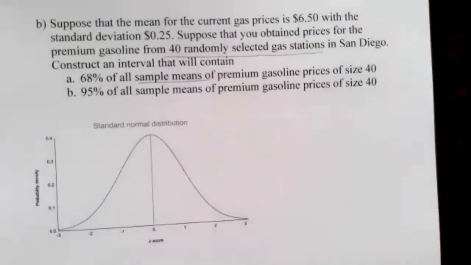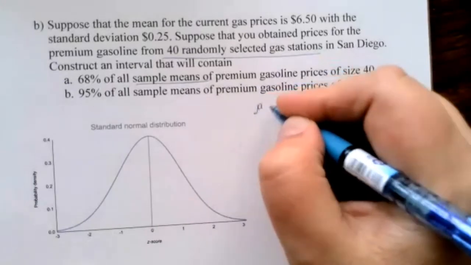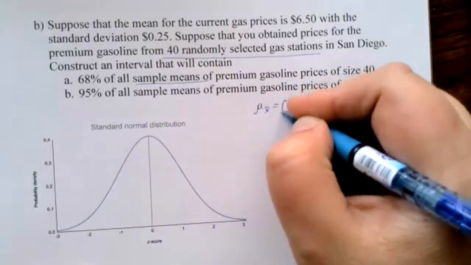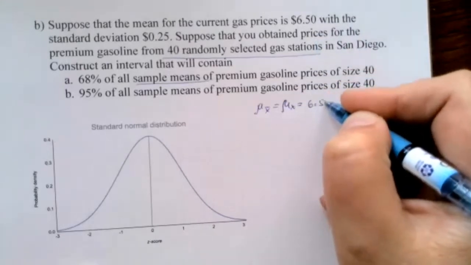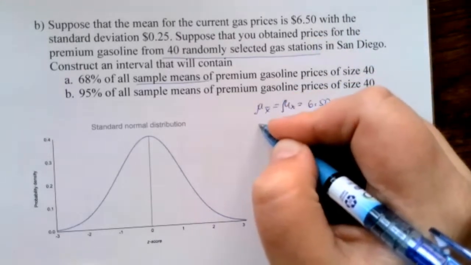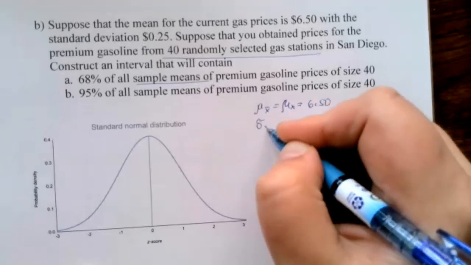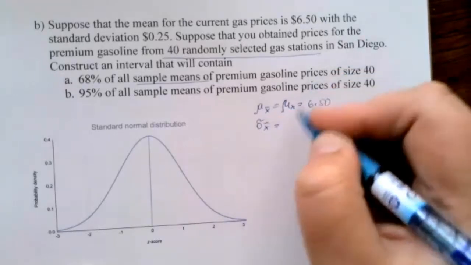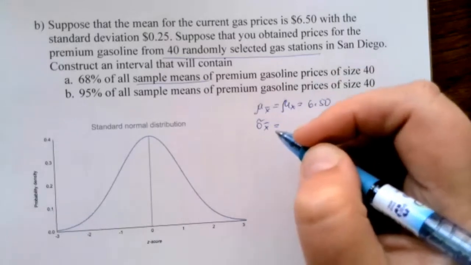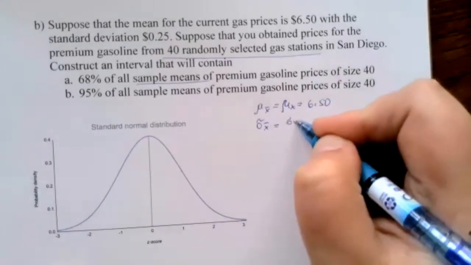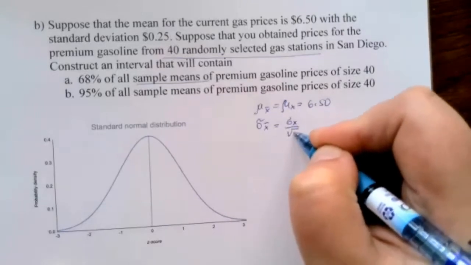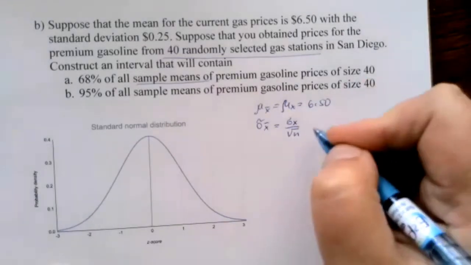And now we're in central limit theorem territory, right? Where the mean of the distribution of the means is the same as the mean of the population, which is still 6.50. But the standard deviation of the distribution of sample means is the standard deviation of the population divided by the square root of the sample size.